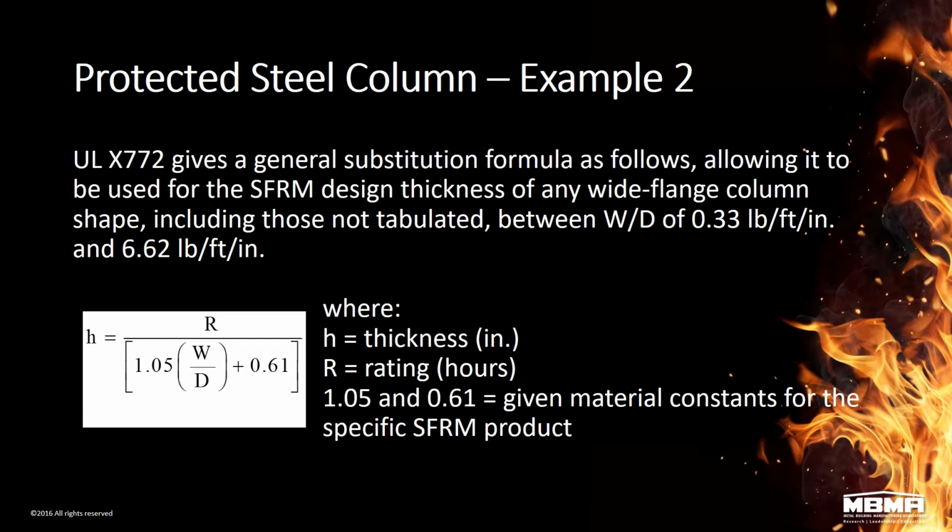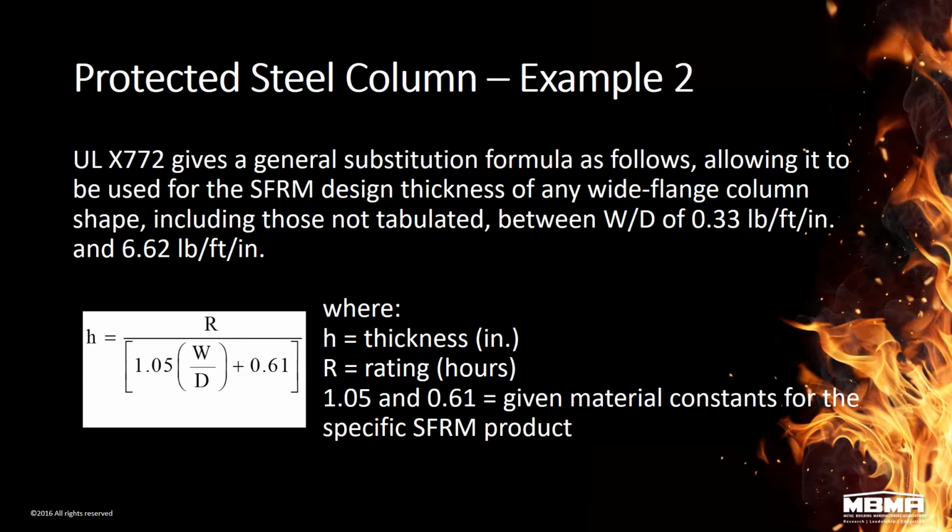And here we will just illustrate that there's an alternative formula, that UL X772 for this particular product, and we're assuming Monokote spray-on material will be used. And this equation via this assembly is applicable to any W over D column between 0.33 and 6.62.